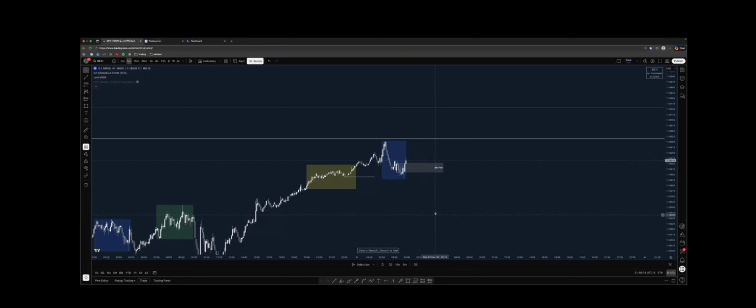That's a breaker block plus an FVG because there's the FVG line there, and this up close candle is the breaker block. So moving on from that, I simply set my orders there, I place my stop loss there, and I aim for 3R.